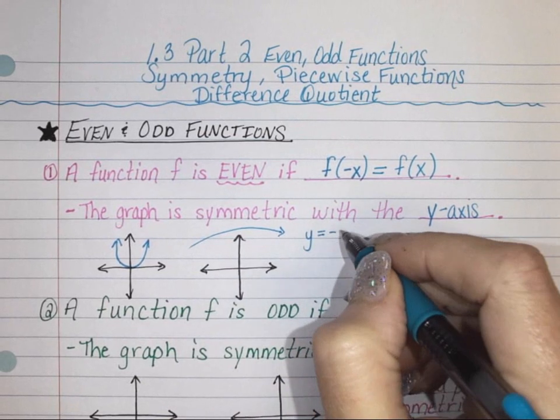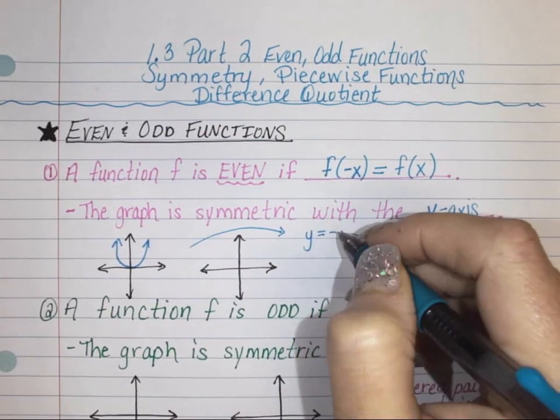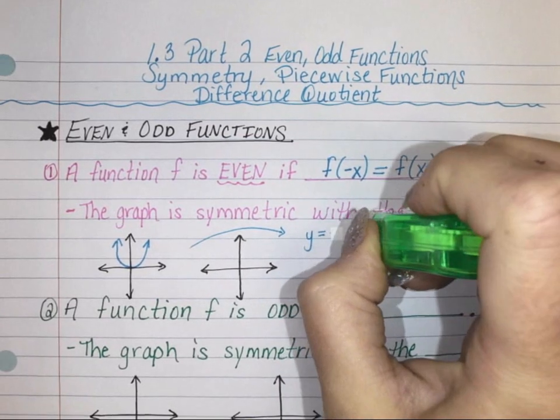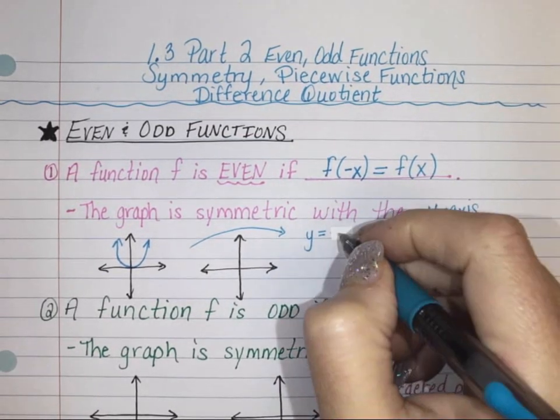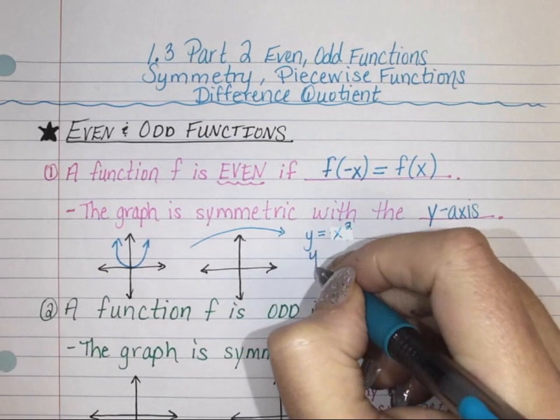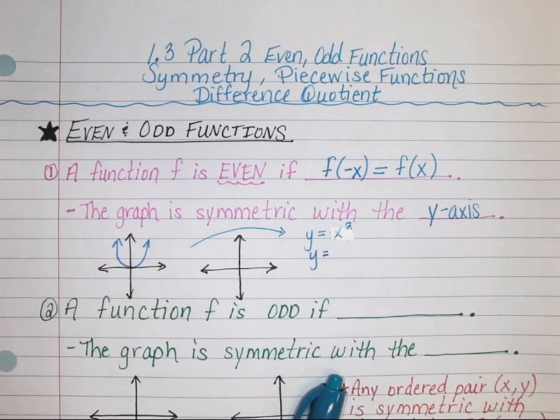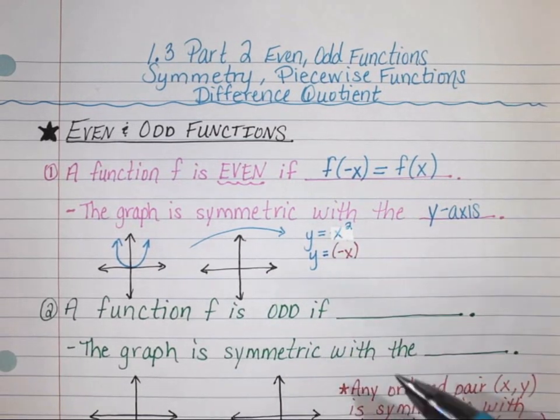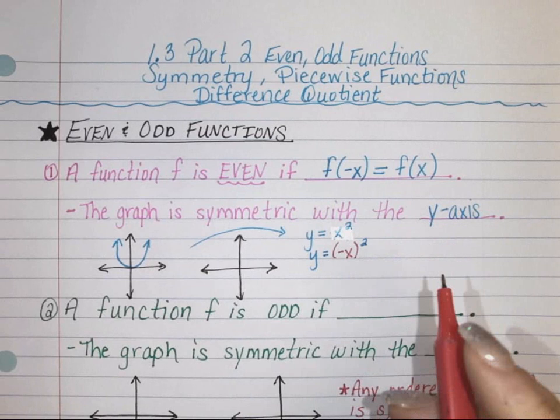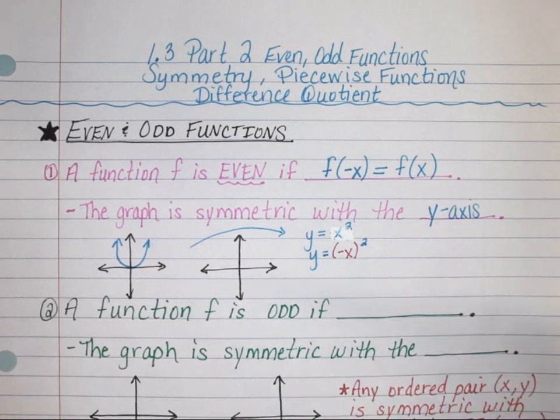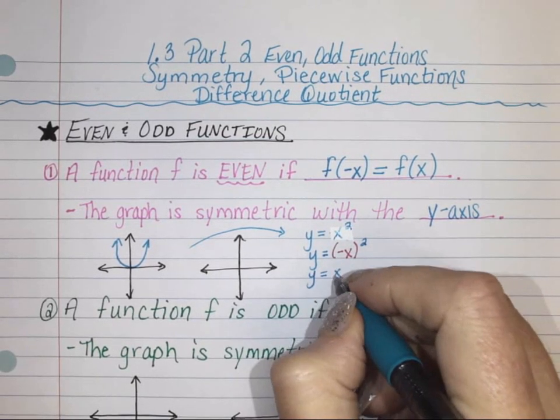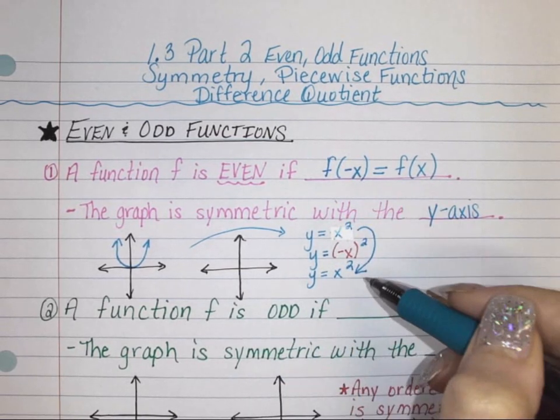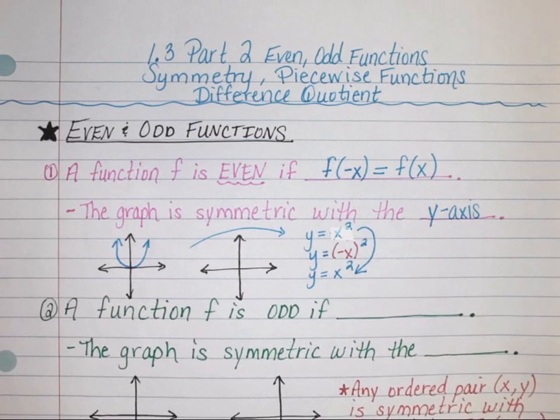So y equals x squared, of course, is your parent function for your parabola. If we plug in negative x for x and square it, anytime you square a negative, you arrive at a positive. So we get back the original function that we started with.